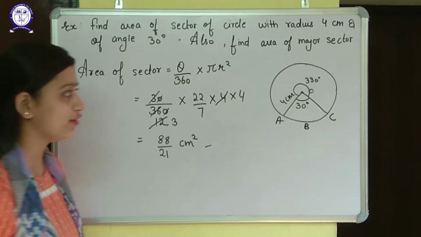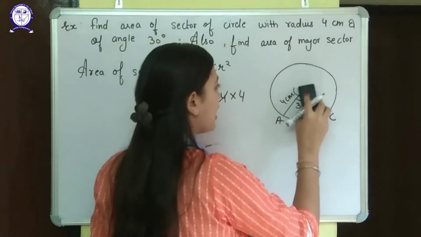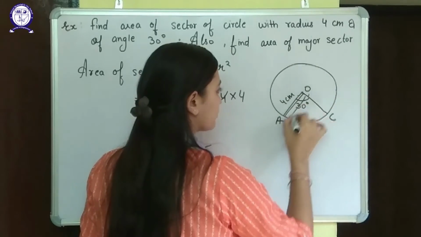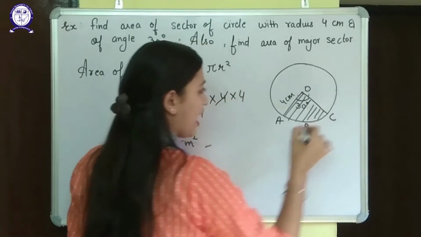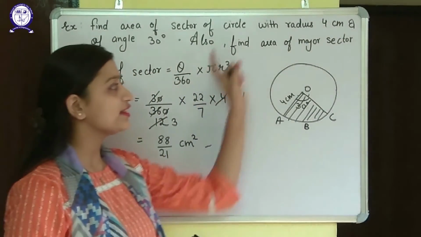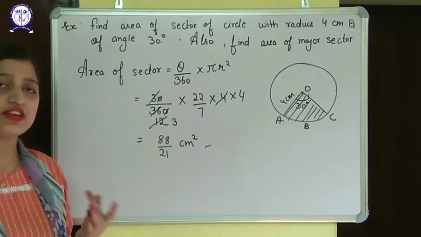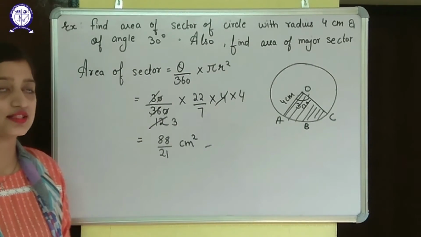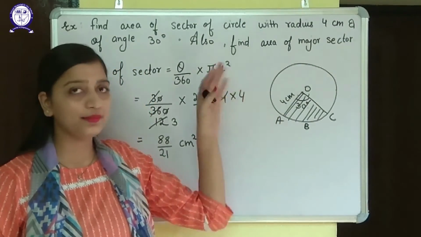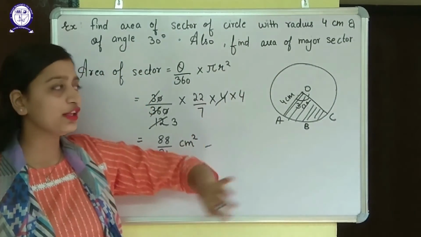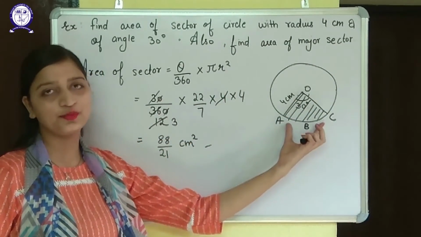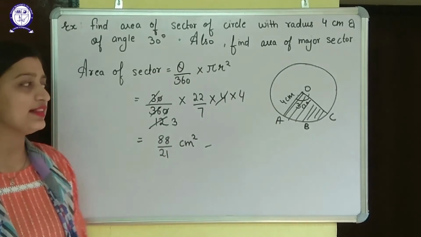Now coming to the second form, what I can do is I have the area of this smaller portion, and how to find the area of the larger portion. This thing we have done many times in our previous classes, that whenever we need to find the area of the remaining portion, we will do what? We will find the complete area and subtract this portion. Okay, we can do it like this also.